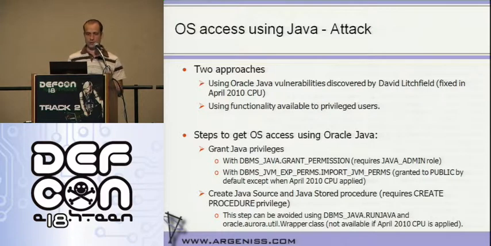Or instead of creating this Java stored procedure, we can call an existing Java class that Oracle had, the Oracle Aurora util wrapper class, which contained a function to execute operating system commands. This one is not available if we have the April 2010 CPU applied.